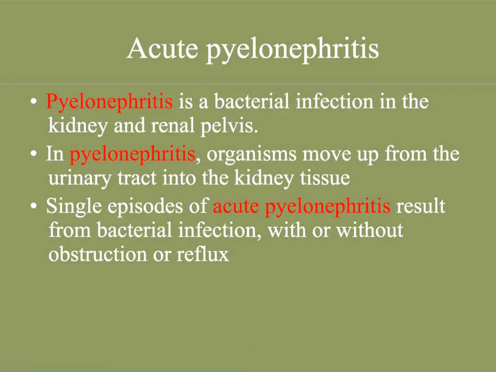So the signs and symptoms of a pyelonephritis are a little bit different than a bladder infection or a lower urinary tract infection. These patients are going to have significant fever, chills, tachycardia, and they will have flank pain. And they'll have that tender costovertebral angle that we talked about earlier, because that'll mean that their kidney is tender and sore.